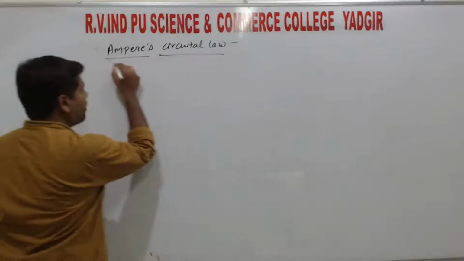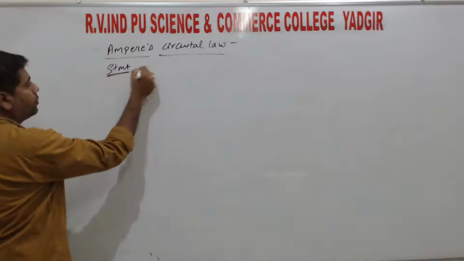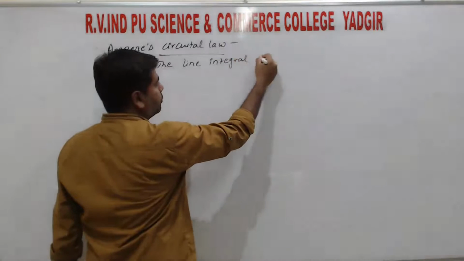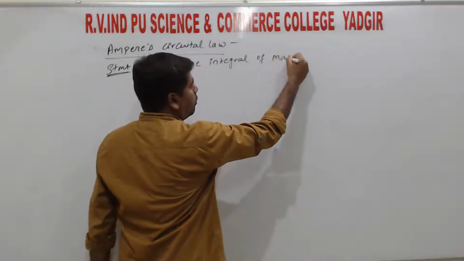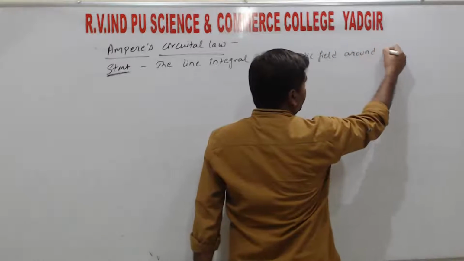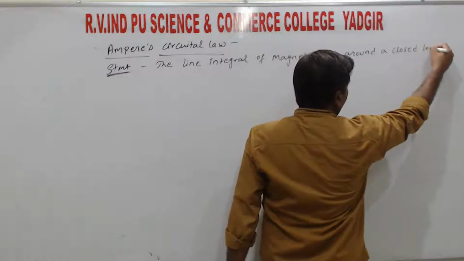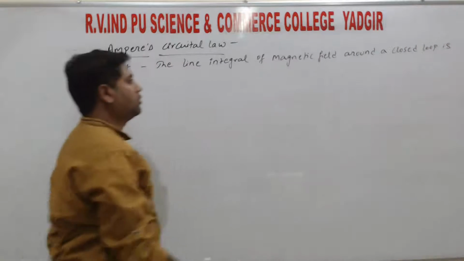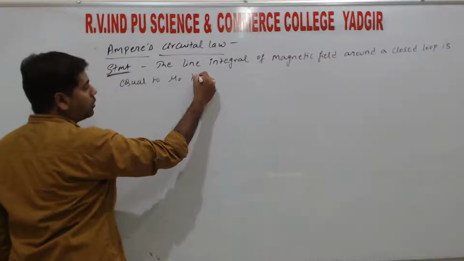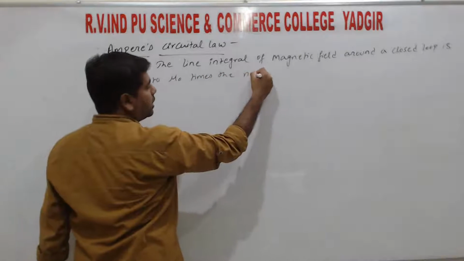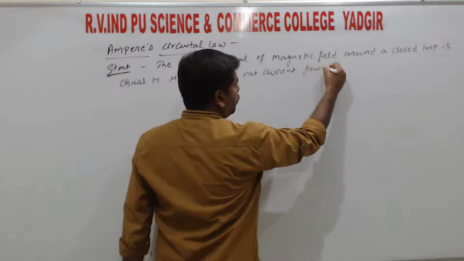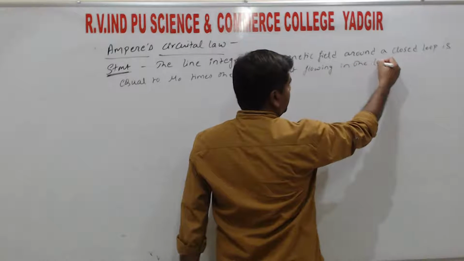So the statement for the Ampere circuit law: the line integral of magnetic field around a closed loop is equal to mu naught times the net or total current flowing in the loop.